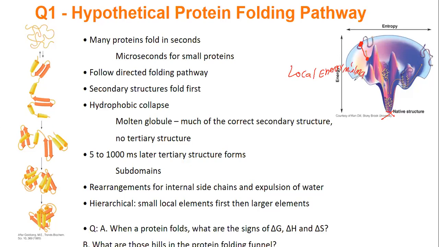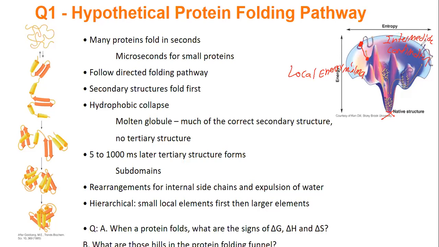So let me explain those words or what that means. So as a protein, you're in an intermediate conformation. However, you are not in the correct conformation. But to get in the correct conformation, you have to break bonds.